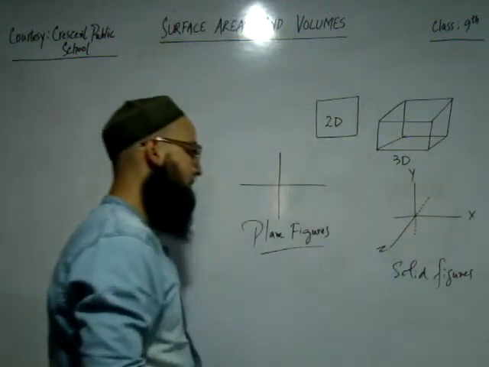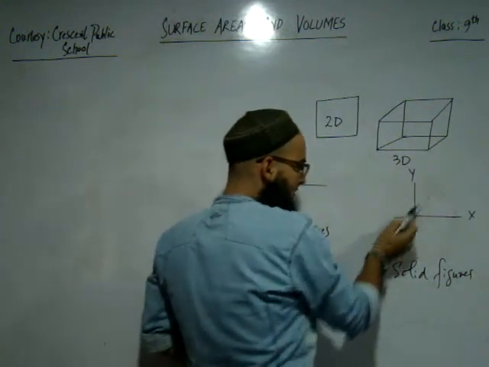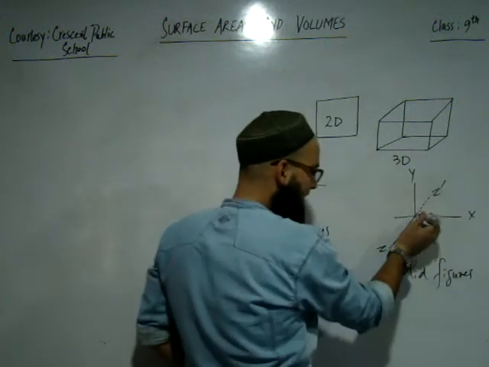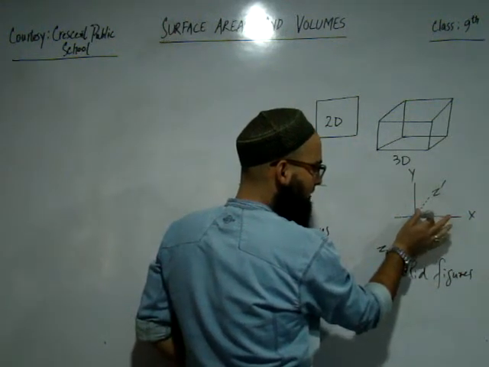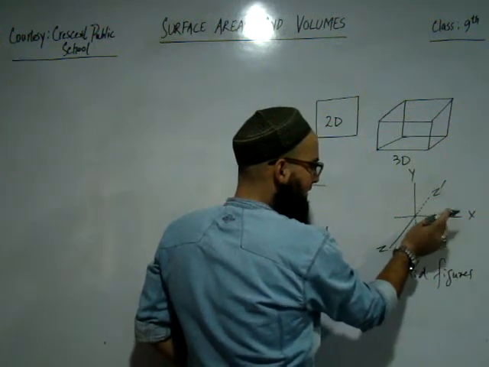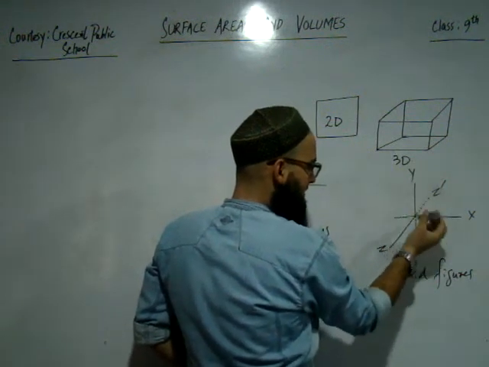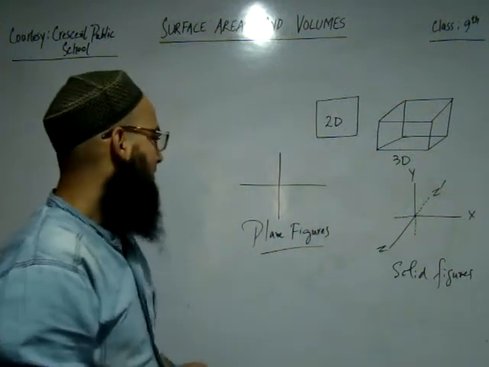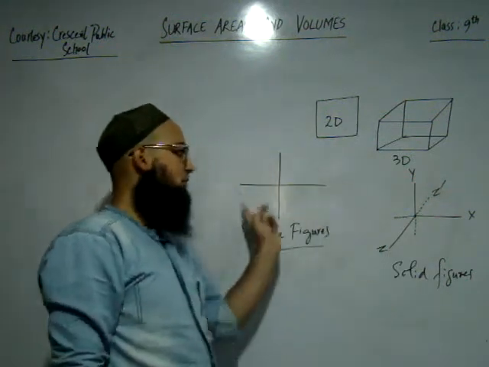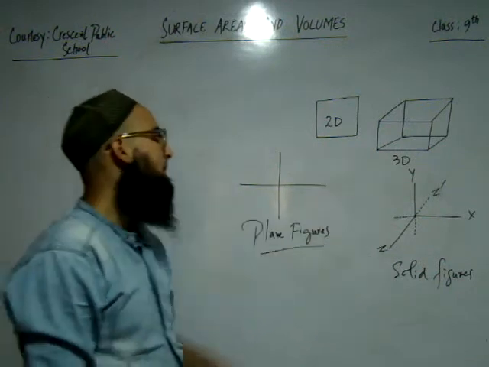Just like this. This is z dash. It's actually going through this point origin, like this. Plane figures and solid figures, 2D and 3D.